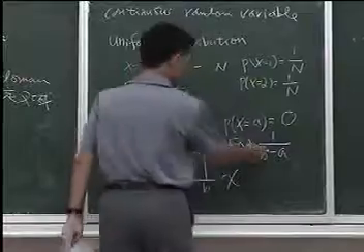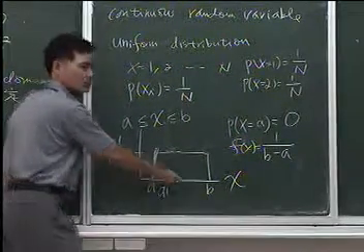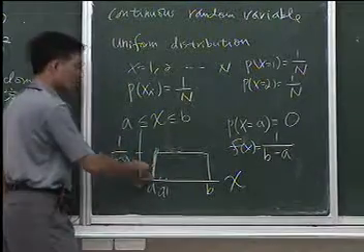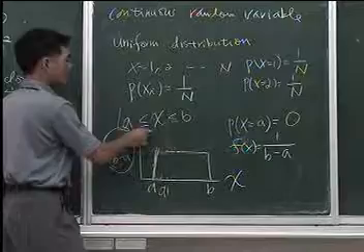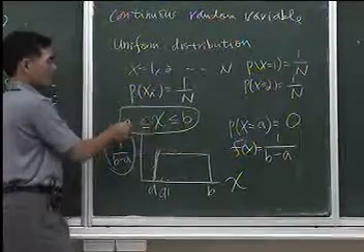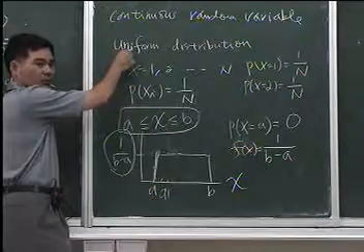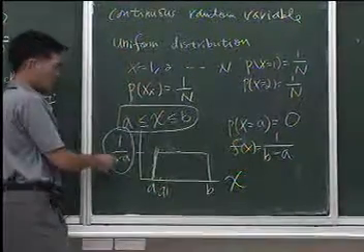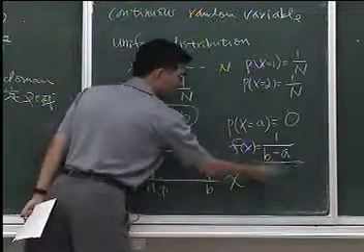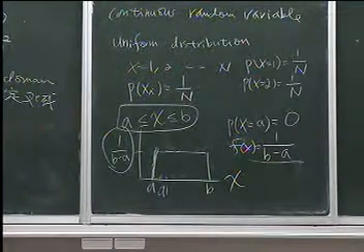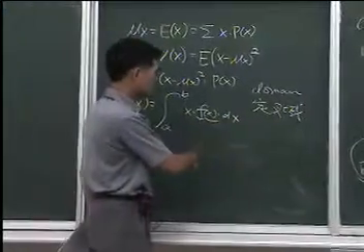This is because for any number in this domain, the height is the same. So in this case, if the domain is from A to B, and this is a uniform distribution, then what you get is the probability density function. And so we just plug the function in this formula.